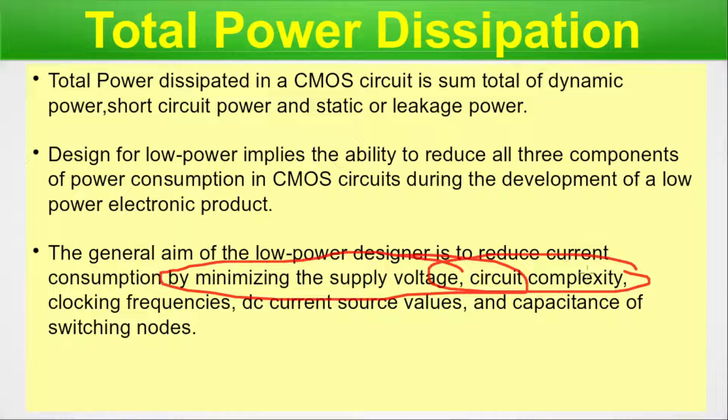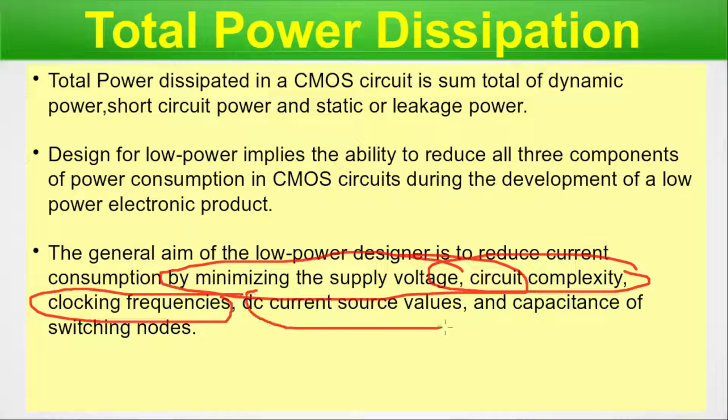Circuit complexity has to be reduced so that the number of gates, and hence the number of CMOS pairs, is less, and hence the leakage current caused by those CMOS pairs is less. We also adjust the clocking frequency in such a way that less power is dissipated when the device is not in use or in the active state.